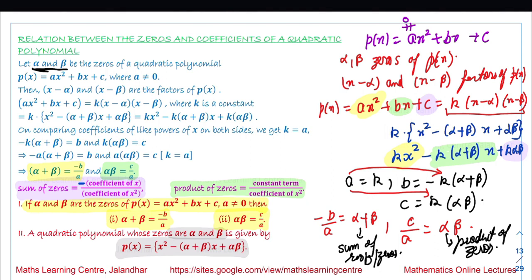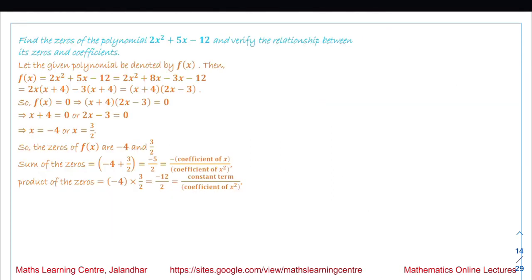So our first example is: find the zeros of the polynomial 2x square plus 5x minus 12, and verify the relation between its zeros and coefficients. So to find the zeros of this polynomial, f(x) is equal to 2x square plus 5x minus 12.